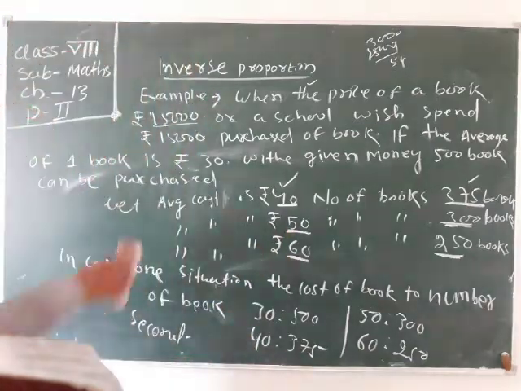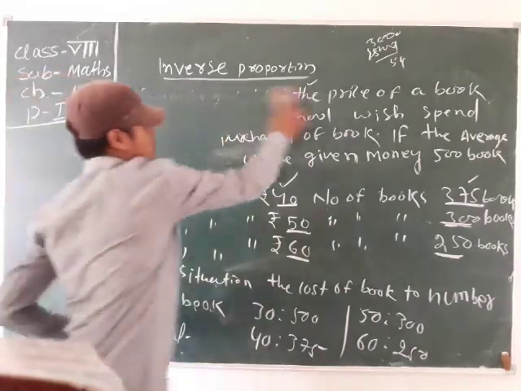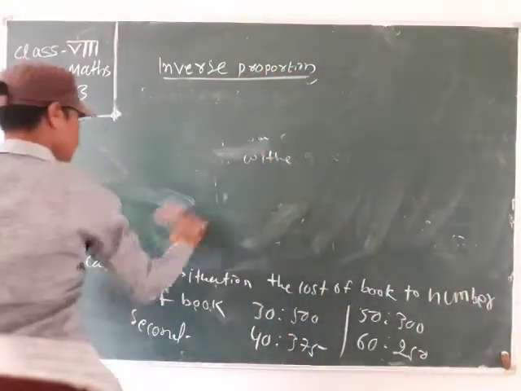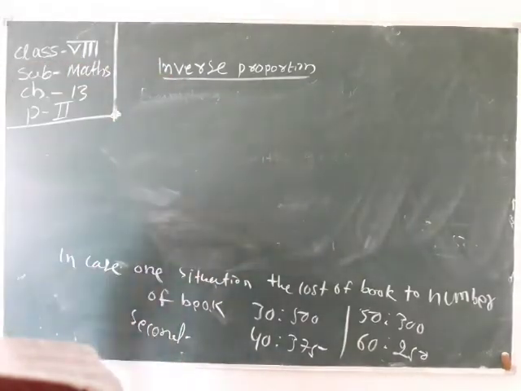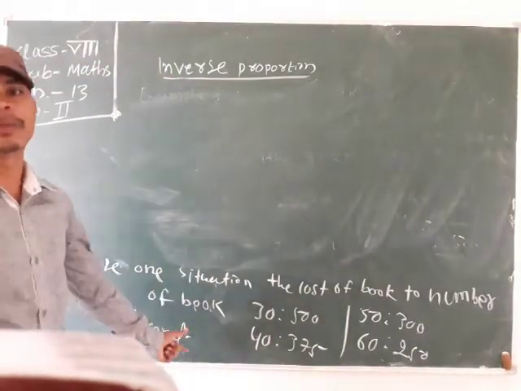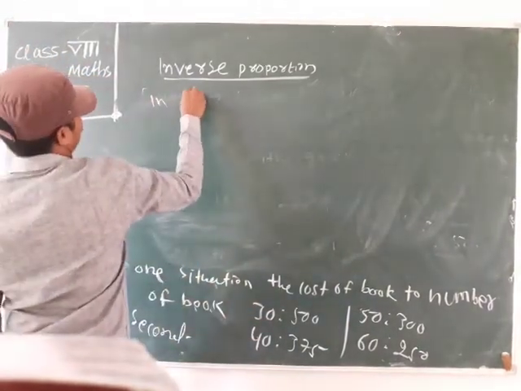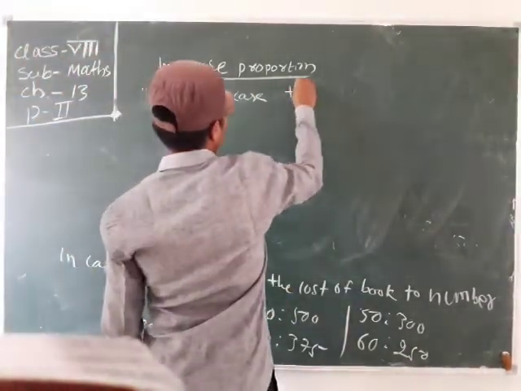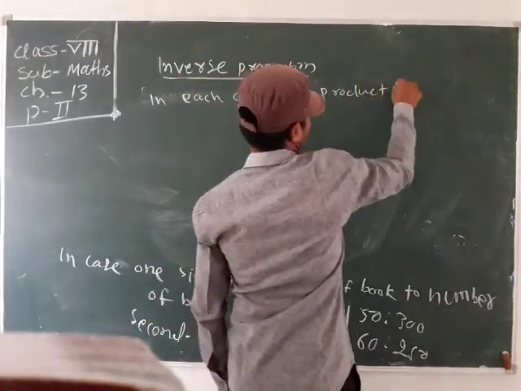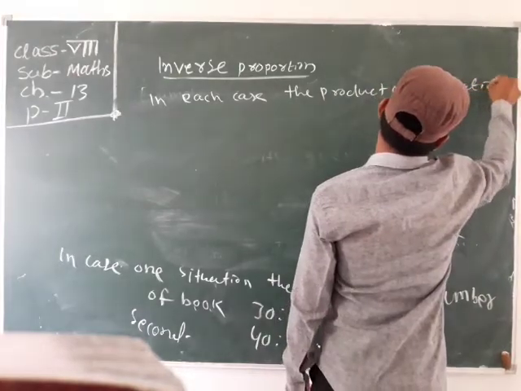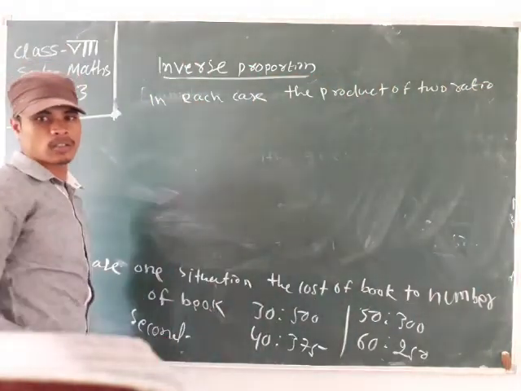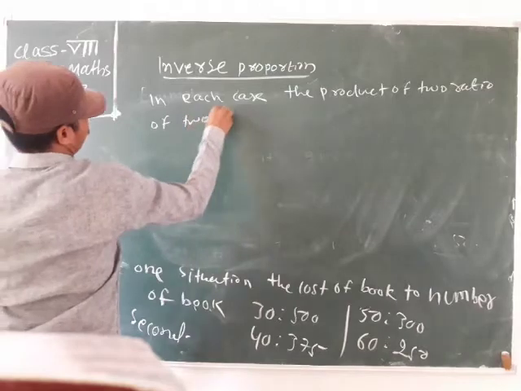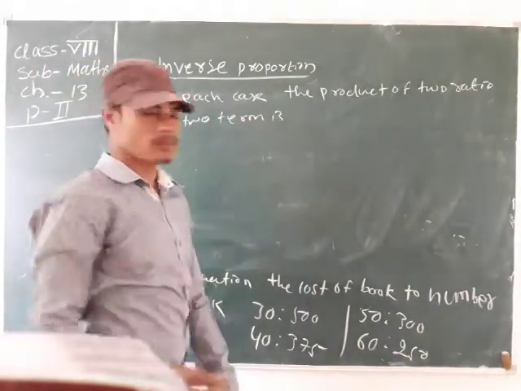See the board. In each case we observe that the product of the two terms of the ratio is 15,000.